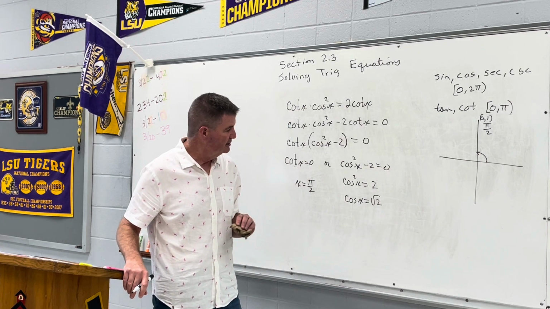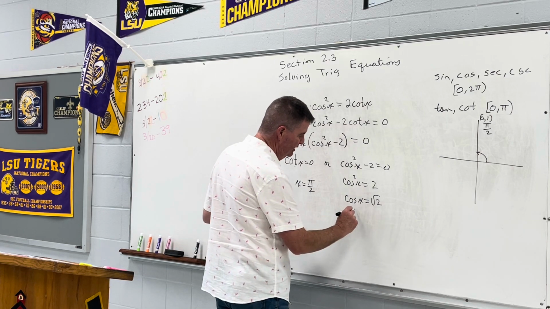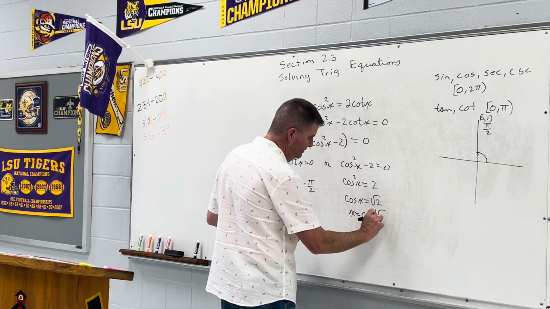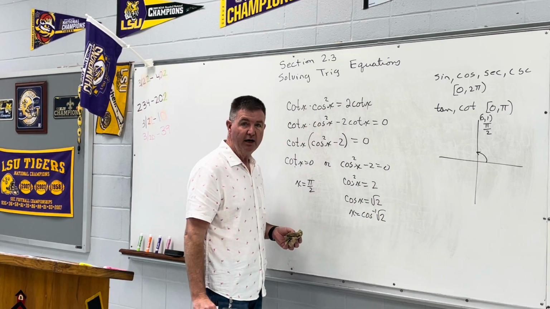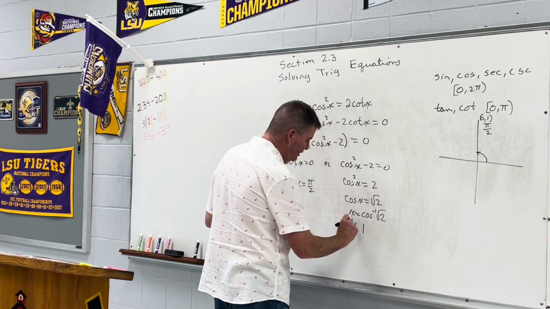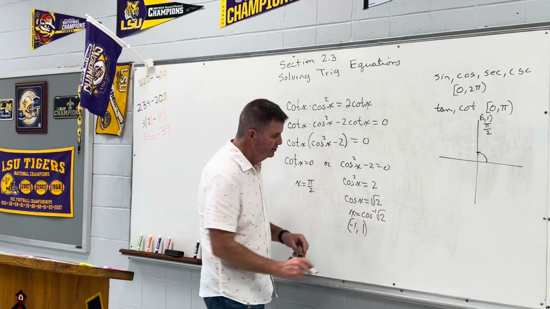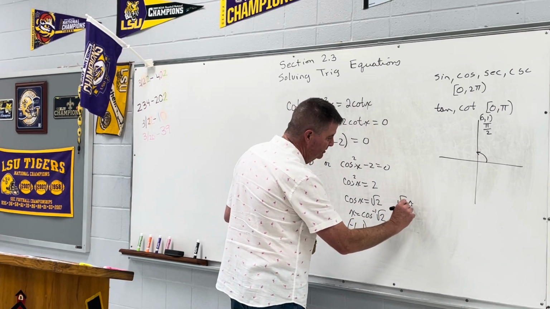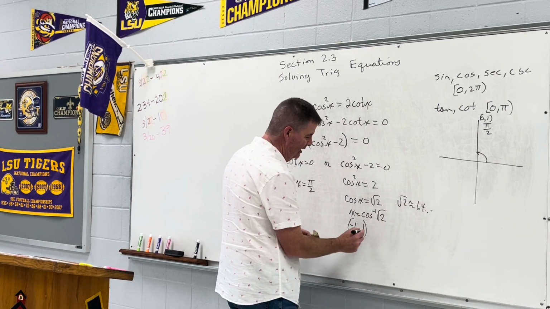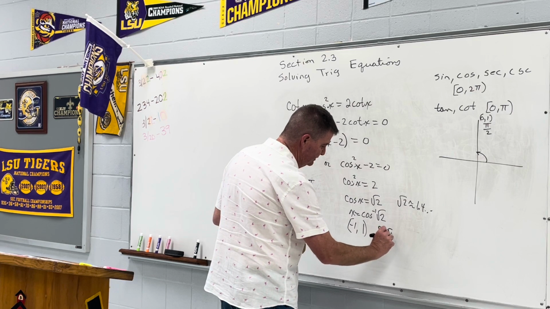That's because, if we recall, the range of the inverse cosine is between negative 1 and 1. And the square root of 2 is approximately 1.4 and so on. So therefore, it's not within the range, so this side does not exist.